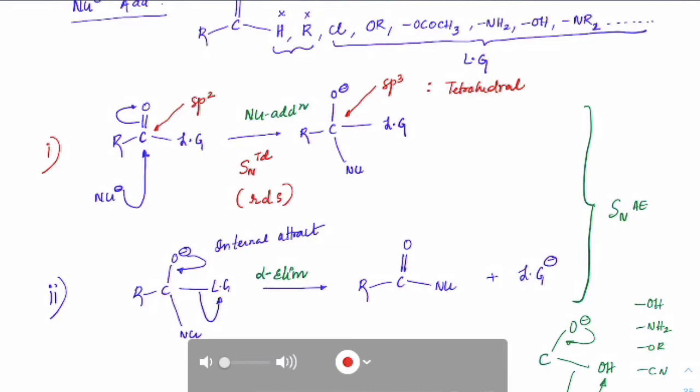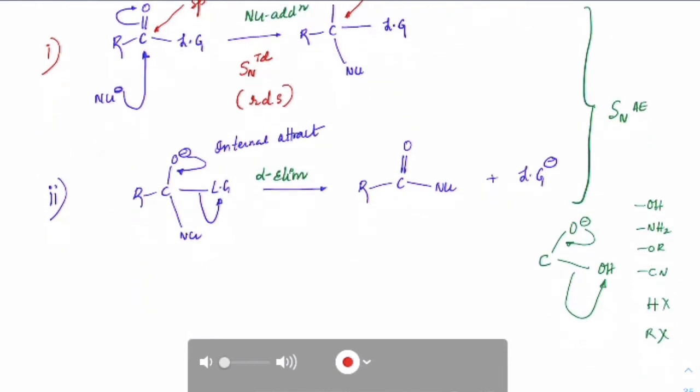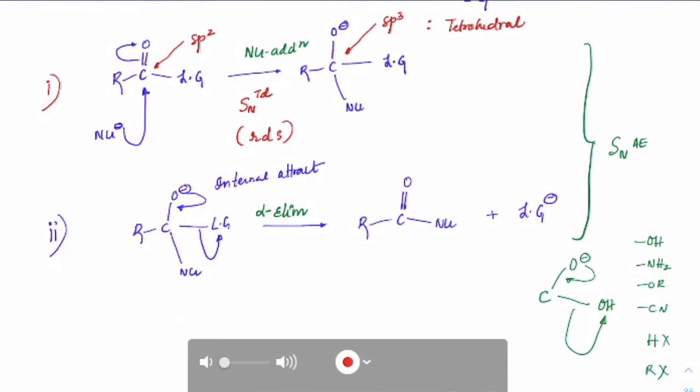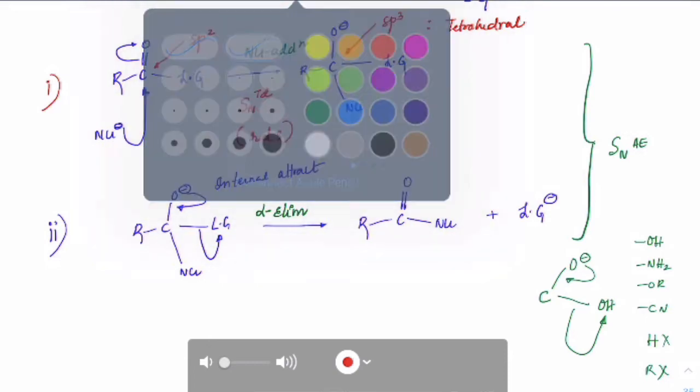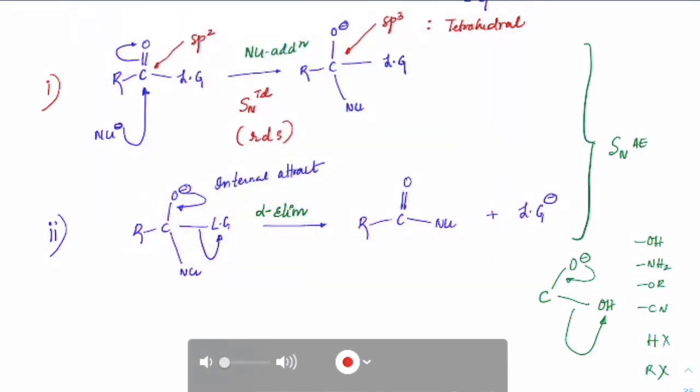Sir, it also depends on the nucleophile which is going to attack. If it is weaker than OH minus or NH2 minus, then this will not take place. Okay, I understood your point now. Suppose you have C double bond O with OH, and let's say Cl minus is attacking, then we'll get RCO minus with OH and Cl.